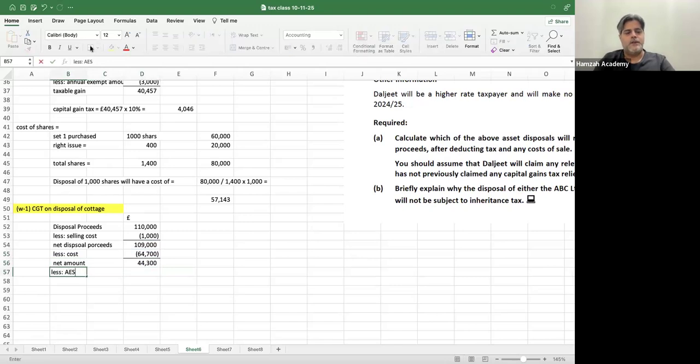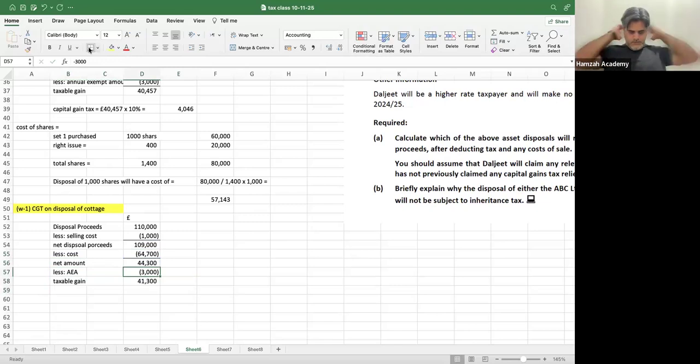Less the annual exempt amount of 3,000, the taxable gain, not total gain, is 41,300.